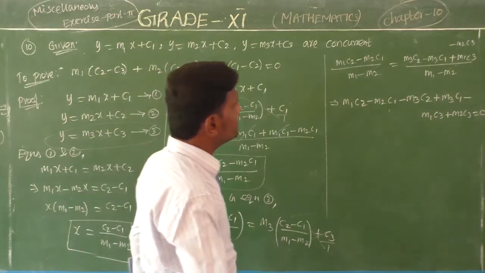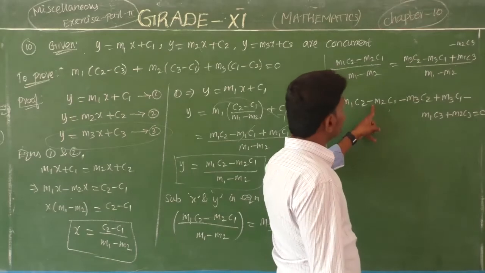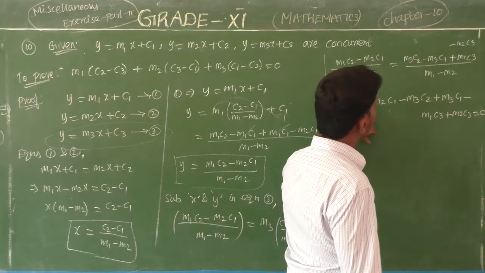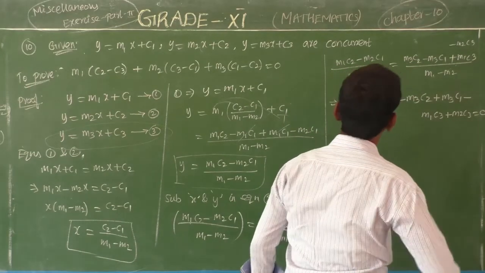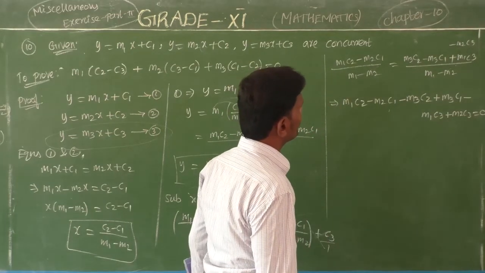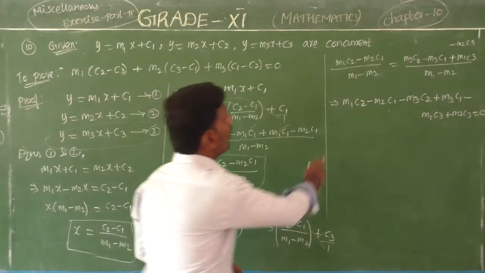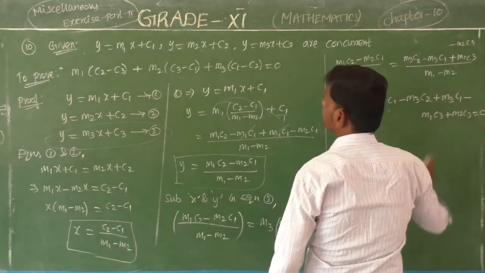Now check, students, if anything is cancelled now. See, you have 1, 2, 3, 4, 5, 6 terms.